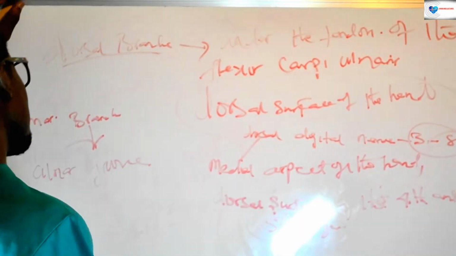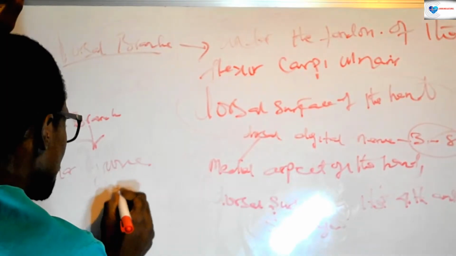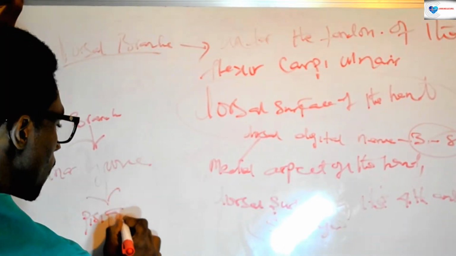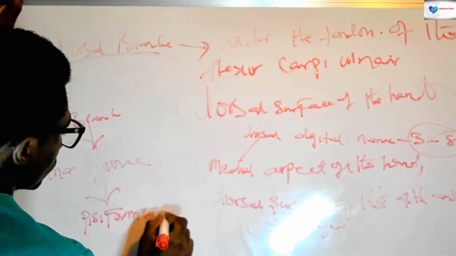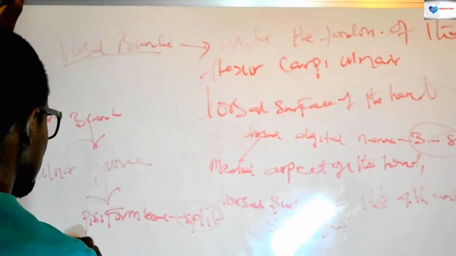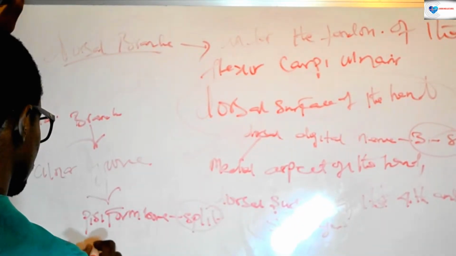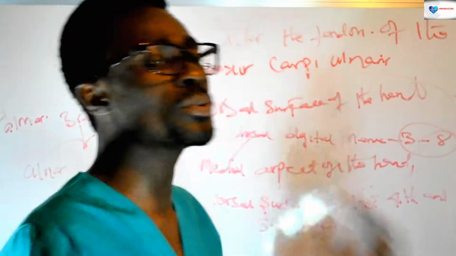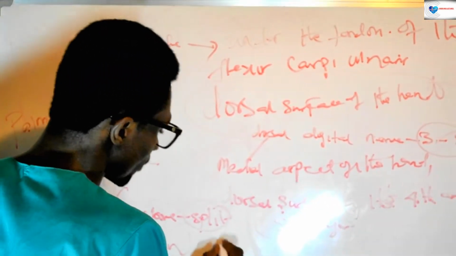When it runs in the ulnar groove, upon reaching the pisiform bone, it splits at the pisiform bone into a superficial and a deep branch, guys.